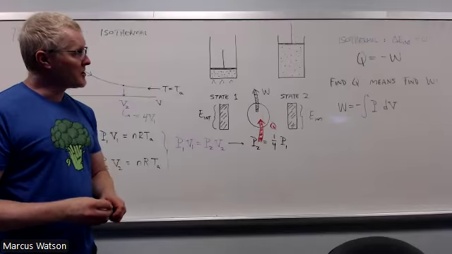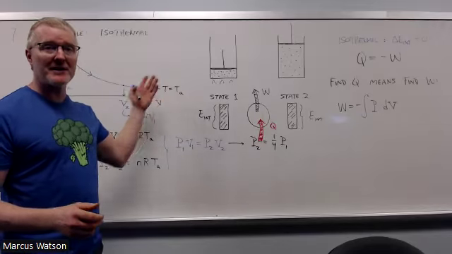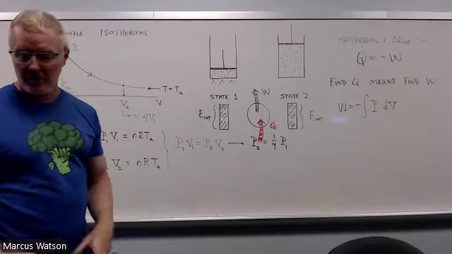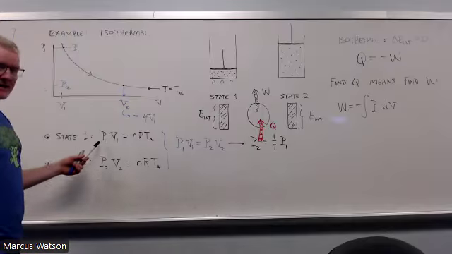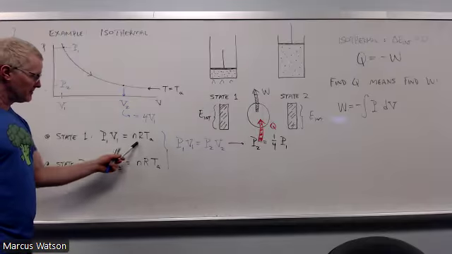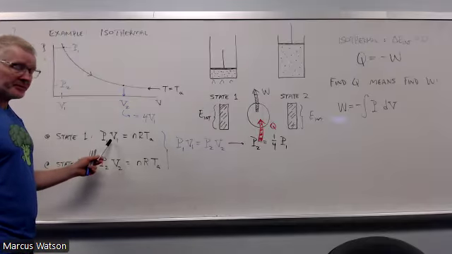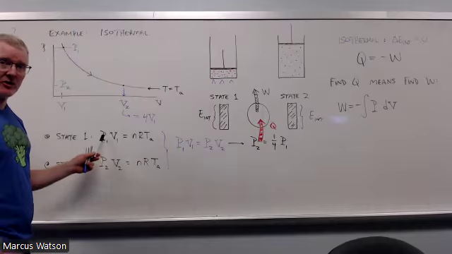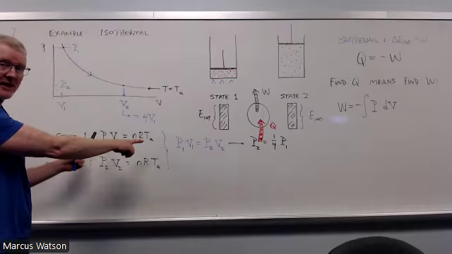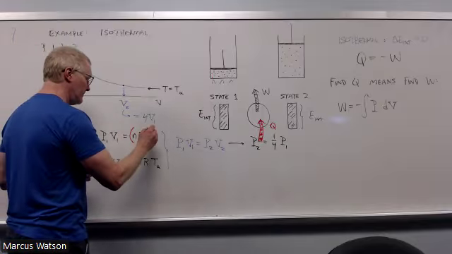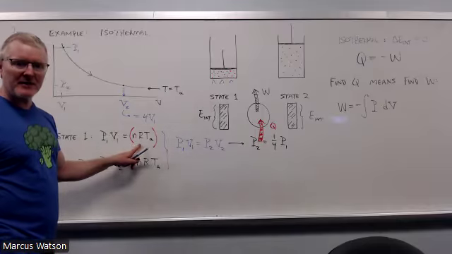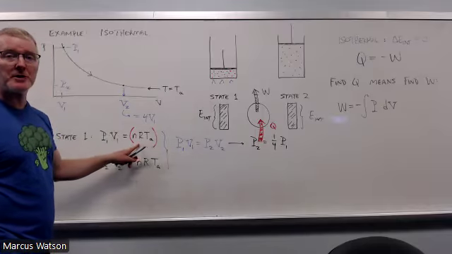Having done the situations where those two are taken care of, now the temperature is constant, but we have to be a little bit more discerning about how we're writing this. So if I go back to my ideal gas model here, the equation of state tells me that if I want pressure as a function of volume, I have to divide the volume across to the other side. And that means that I'm going to notice, as I did before, that this nR times T is actually a constant.